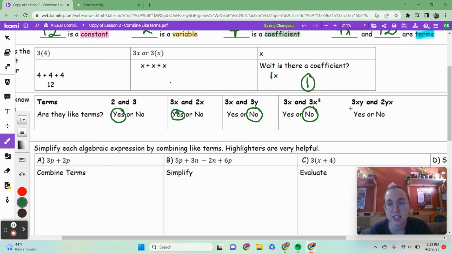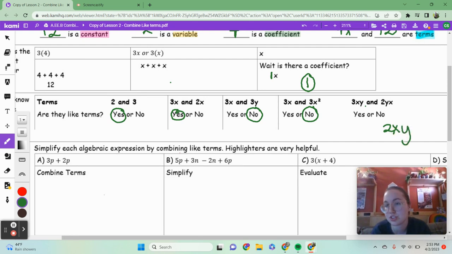This is where it gets a little tricky. If I have 3xy, that means I have something in terms of xy, or I have 3 xy's. And here I have 2 yx's. What this really means is 3 times x times y, and this means 2 times y times x. Multiplication is what we call commutative, so we can swap things around. So we can also write this as 2xy.